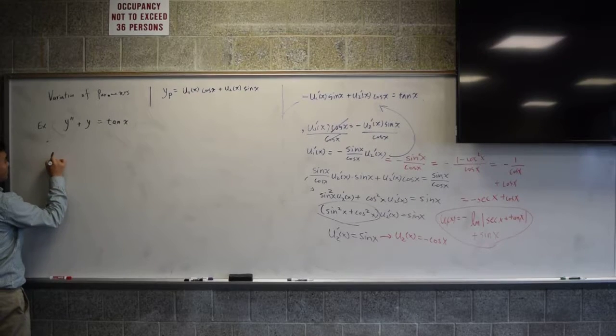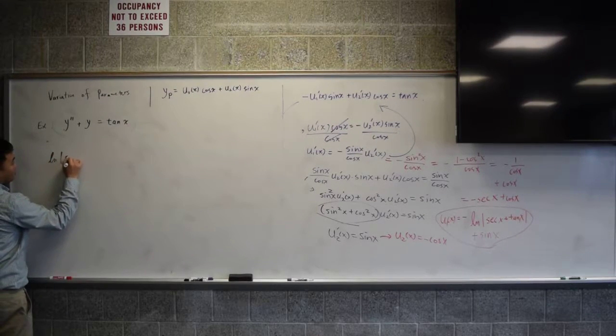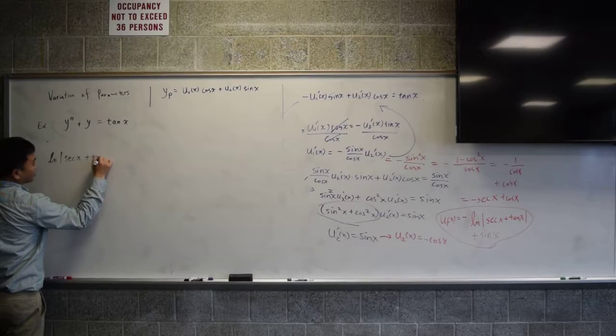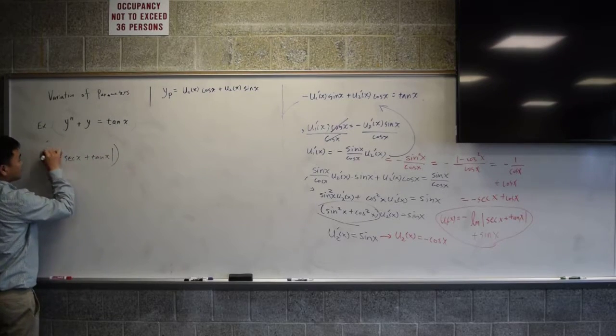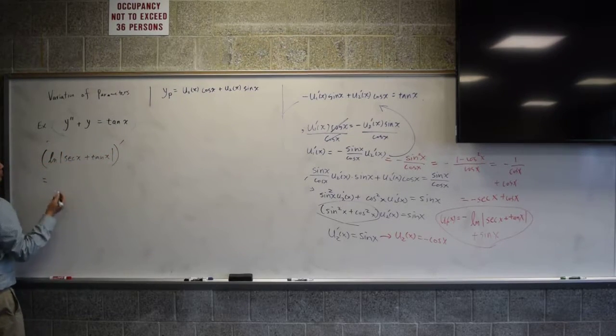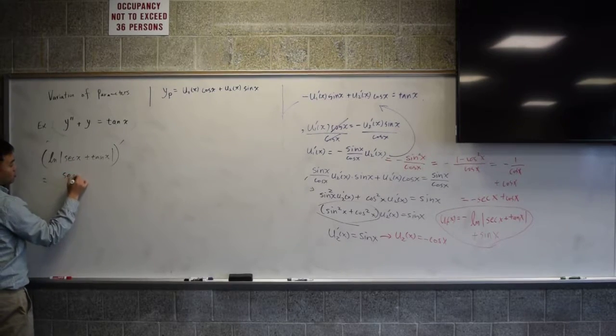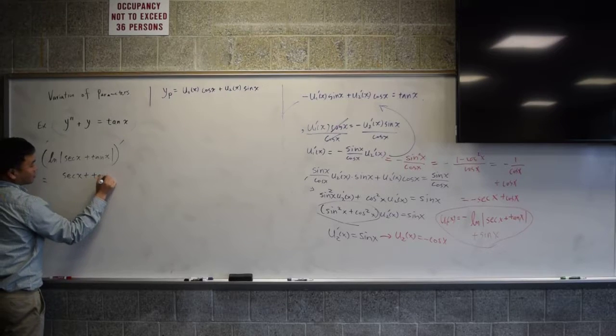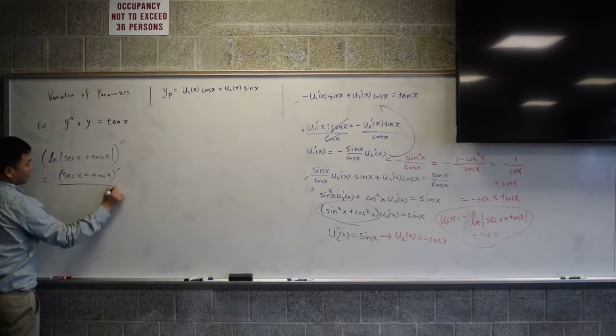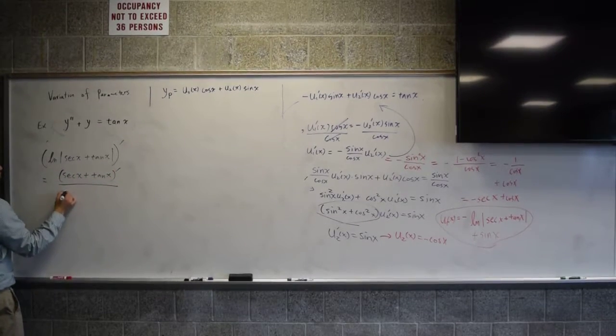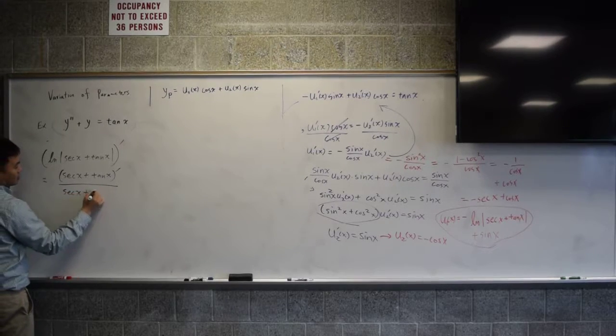What do you get if you differentiate ln of secant x plus tangent x? This is ln of f, which is f prime over f, right? So we have to differentiate secant of x plus tangent x, and divide by secant x plus tangent x.